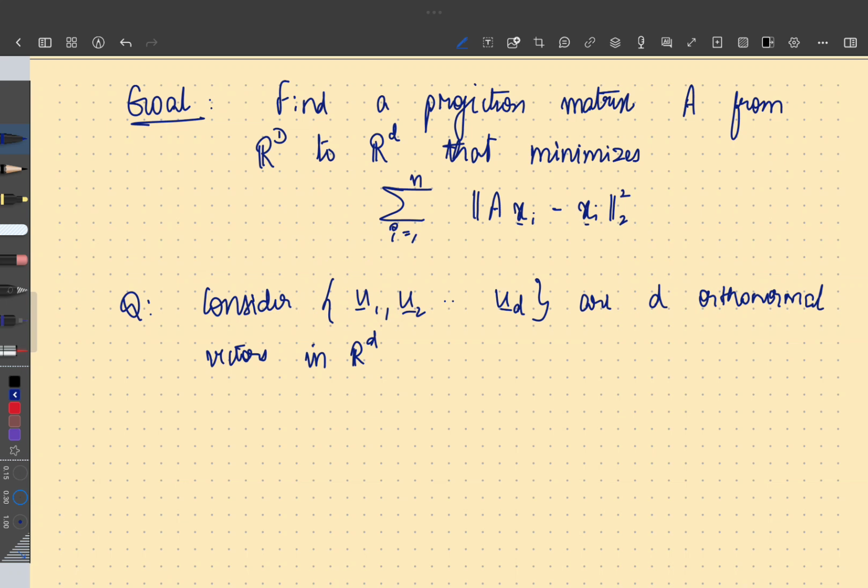Right? What is the projection matrix that takes any vector in R to the capital D down to the subspace that is spanned by these vectors? So let's suppose that A is equal to the span of u1 down to ud.